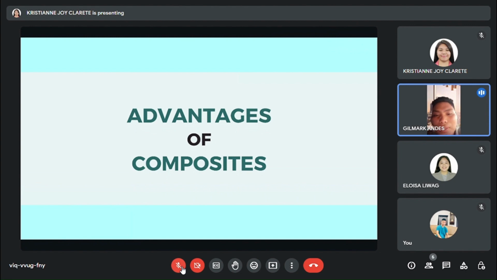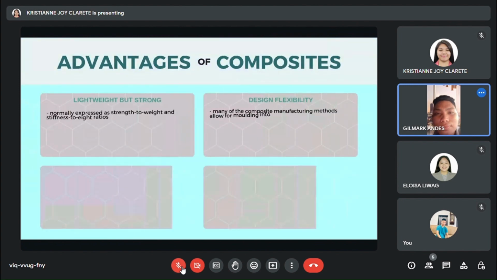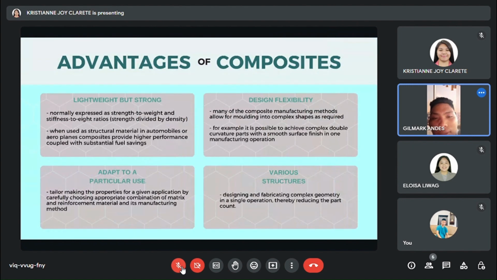Now let's talk about the advantages of composites. Lightweight but strong. Normally expressed as strength to weight and stiffness to weight ratio, strength divided by density.